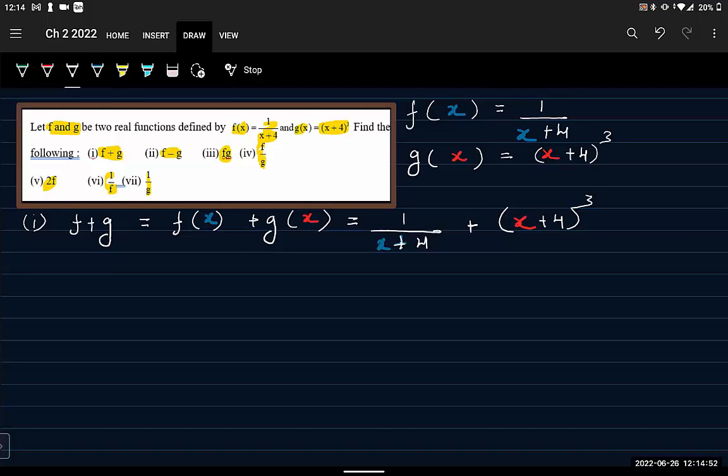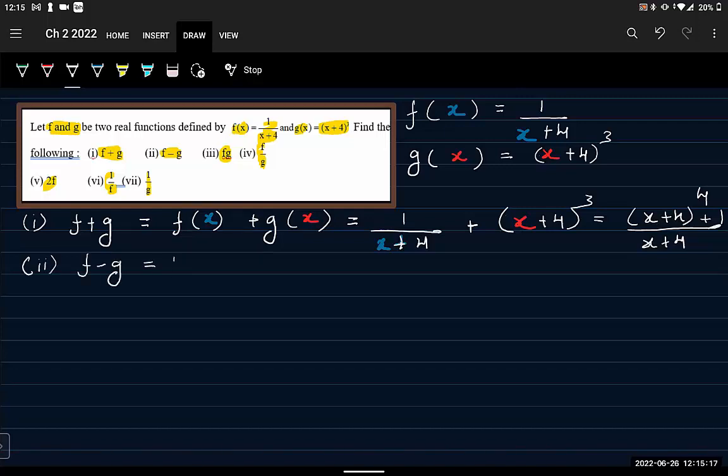In any case, if we simplify, then the value will be (x plus 4) whole raised to 4 plus 1 upon x plus 4. Okay, but that step would be redundant. That is not needed because we just need to use the definitions. The second subpart is f minus g.